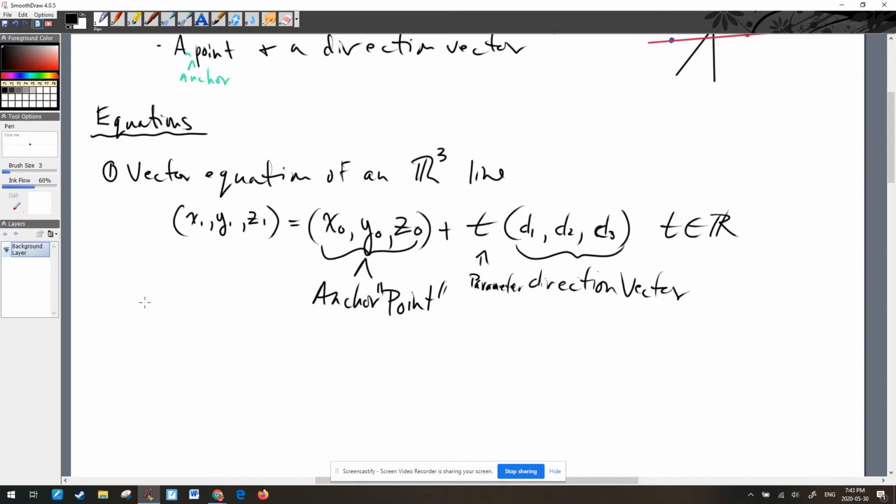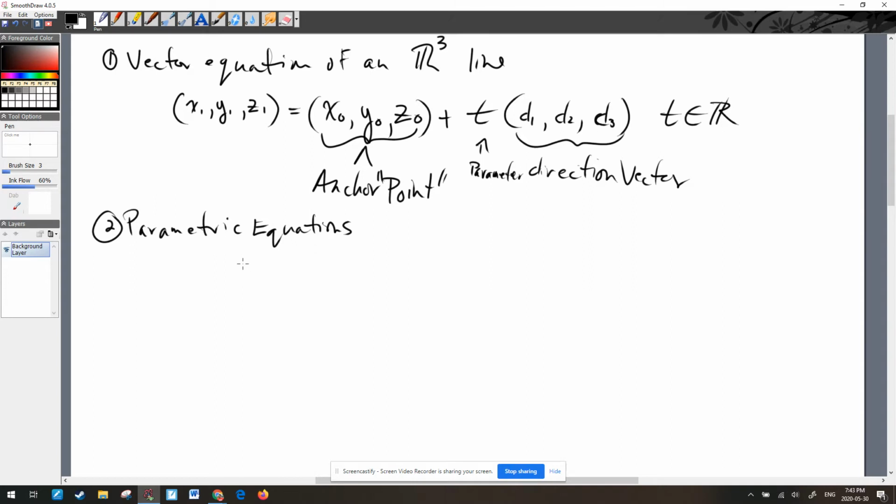So nothing mysterious there. And then we can get into parametric equations, and it's going to be the same as we did in R2. So x is equal to x naught plus t d1, and y is equal to y naught plus t d2, and z is equal to z naught plus t d3.